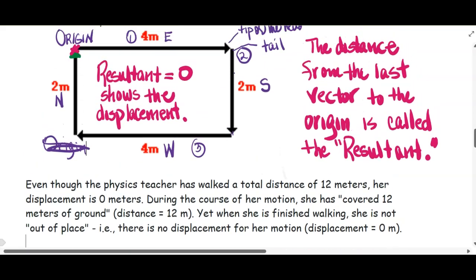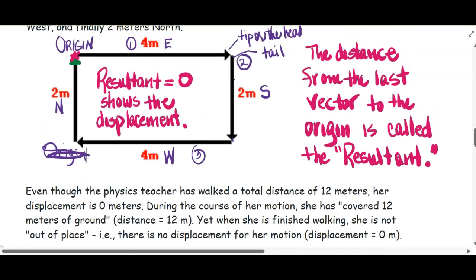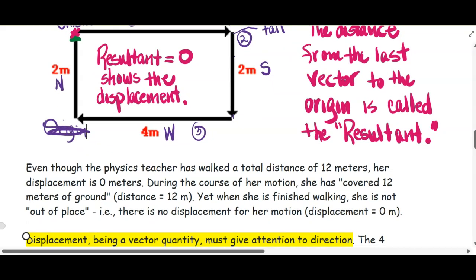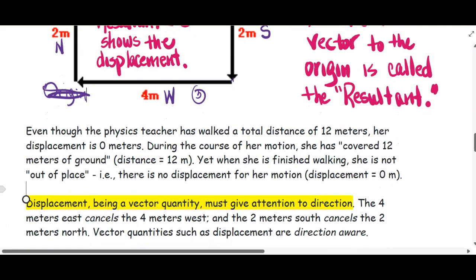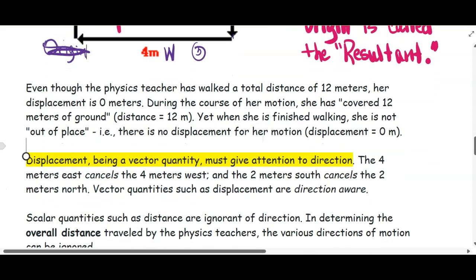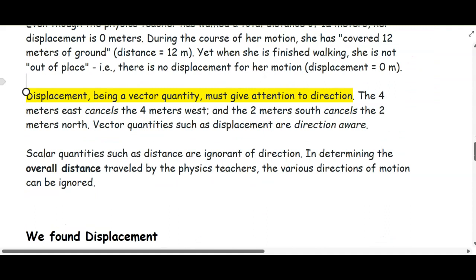Now, here's what I want to say about this, though. Each one of these lines is a vector, right? Yes. So when we talk down here, I'm going to comment more on that. All right, so displacement being a vector quantity must give attention to direction.